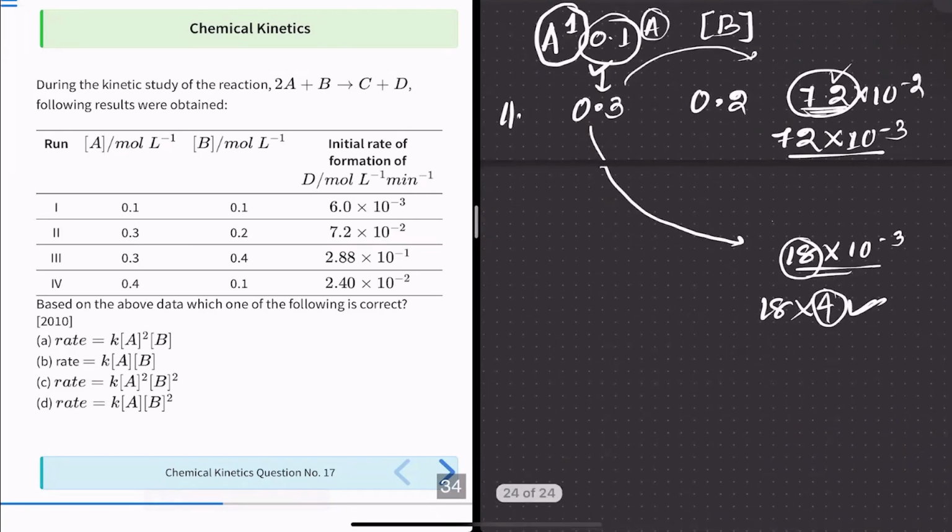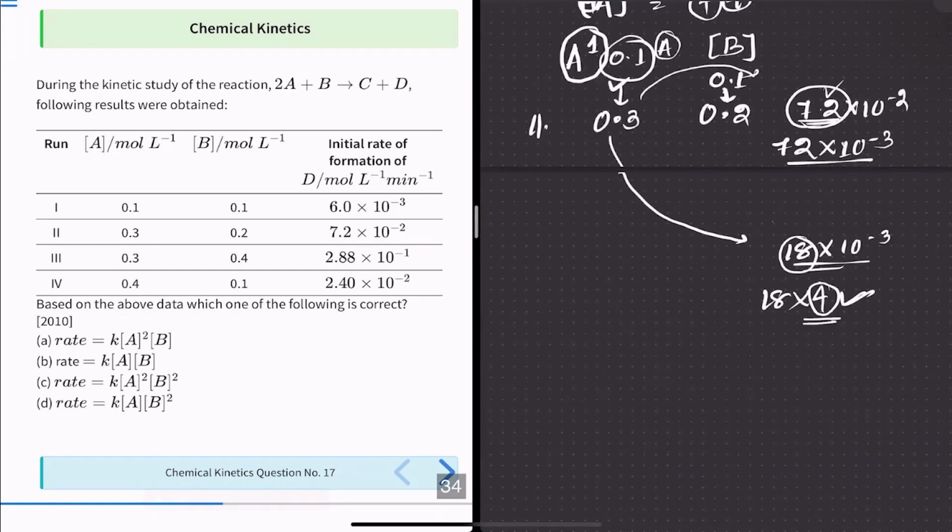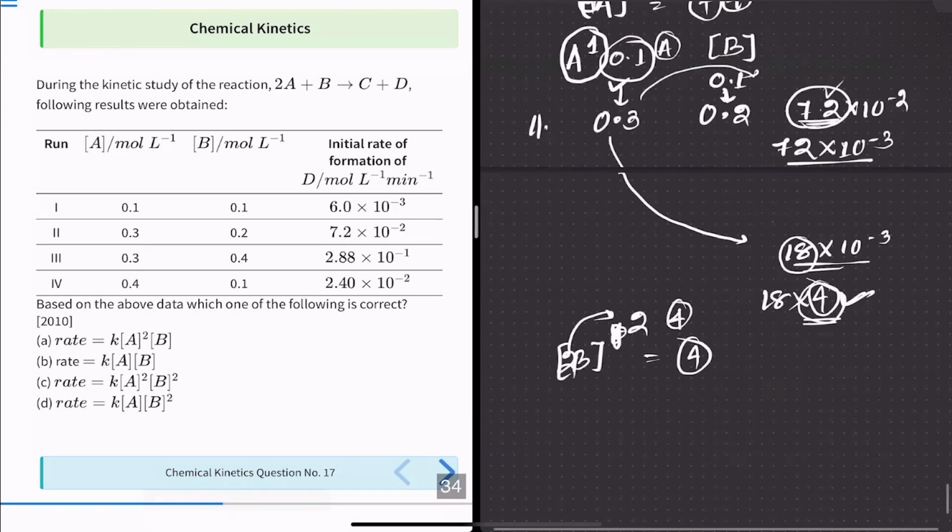So the rest of the increment will be dependent on B. B is doubled, but the rate of reaction is quadrupled. What does that mean? Means the superscript for B, let's suppose Y, if we increase it to 2B, it is increasing the rate by 4 times. That means the superscript would be 2. Then only 2 to the power 2 would be 4, and the reaction rate would be increased by 4.